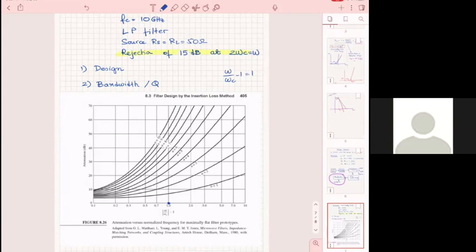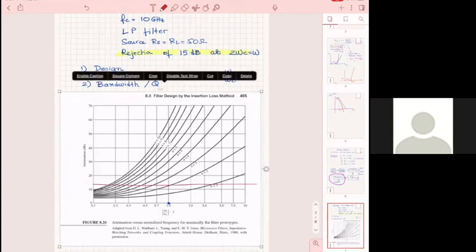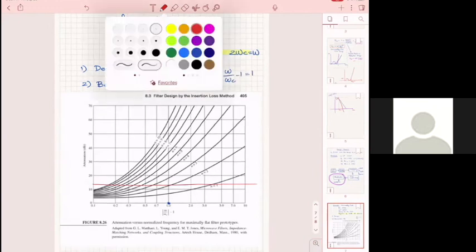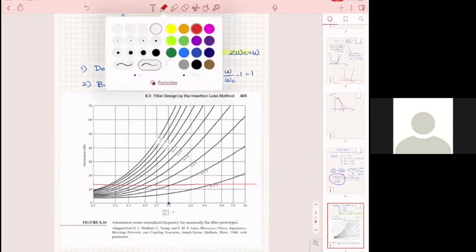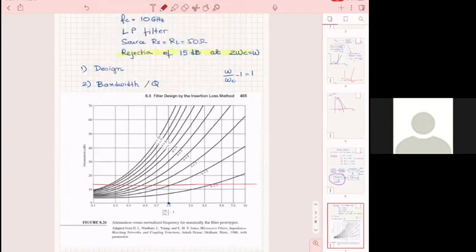Okay. So now let's assume that I want 15 dBs. So this is my line. My line here is going to be this one, or a little higher. So I'm choosing this point. Okay.